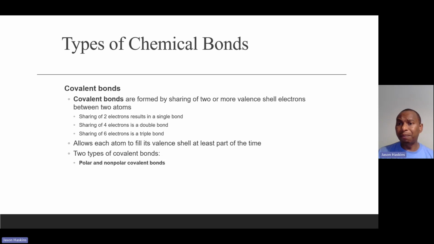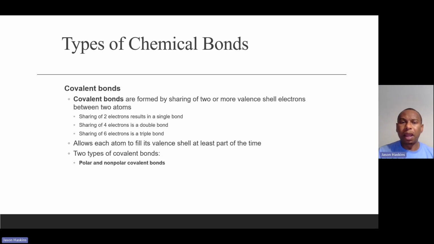So now covalent can be polar or non-polar. When we say polar, that means that those electrons are unequally shared. So that means that the electron around one of those elements is going to gravitate more towards the other element than its own.